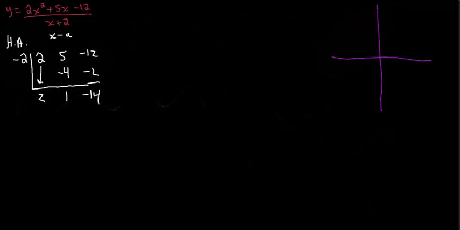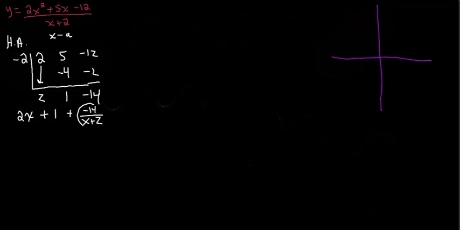Alright, our original polynomial had an x squared, so we're going to get a 2x plus 1. This negative 14 is the remainder, so plus negative 14 over x plus 2.